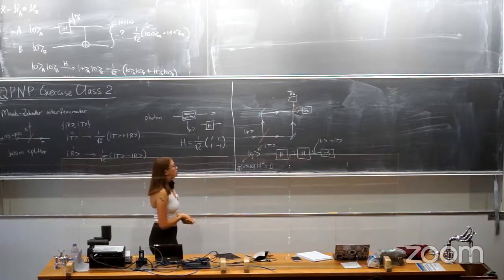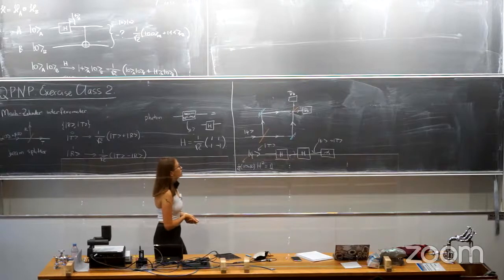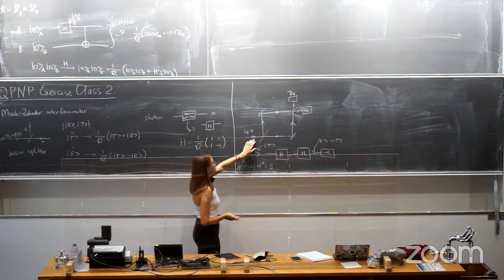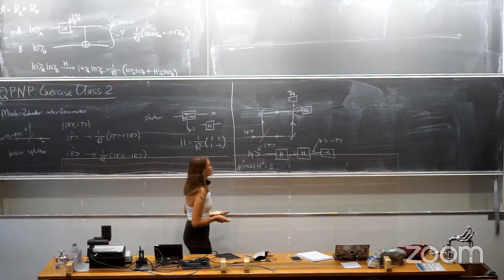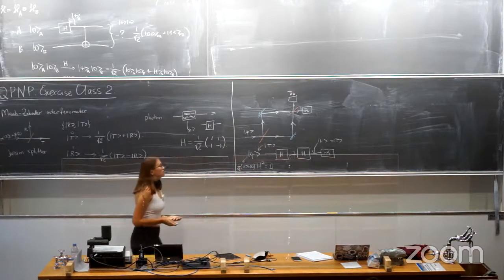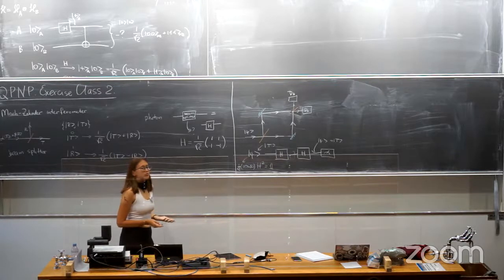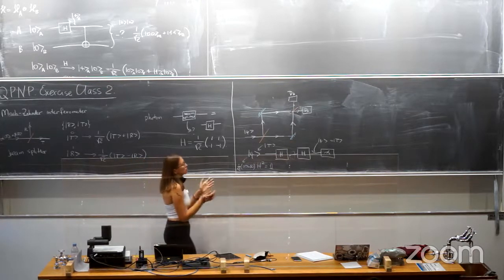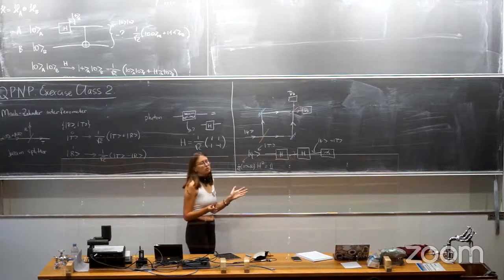And here, the way I draw this beam, it's only one direction. So in the end, that would correspond to it going directly to the DA. But here, we also think about it as the beam splitter affecting the degrees of freedom of the photon. So it basically makes a superposition of 1 degree of freedom.